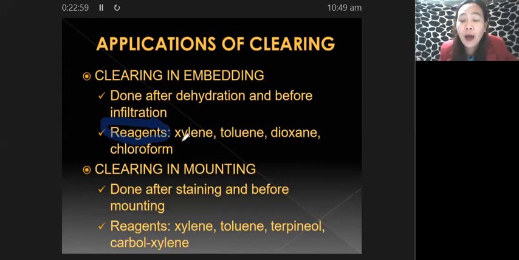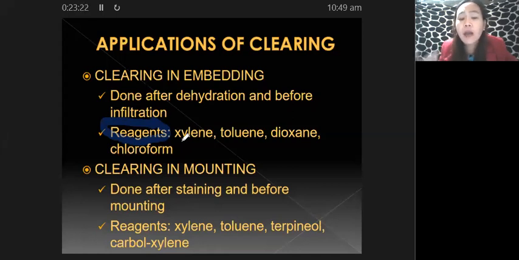So remember, I already emphasized the significance of miscibility of your reagents. Why does it have to be miscible? In order for your reagents to be compatible with one another. So yes, your reagent should be miscible in your dehydrating agents and your embedding medium.